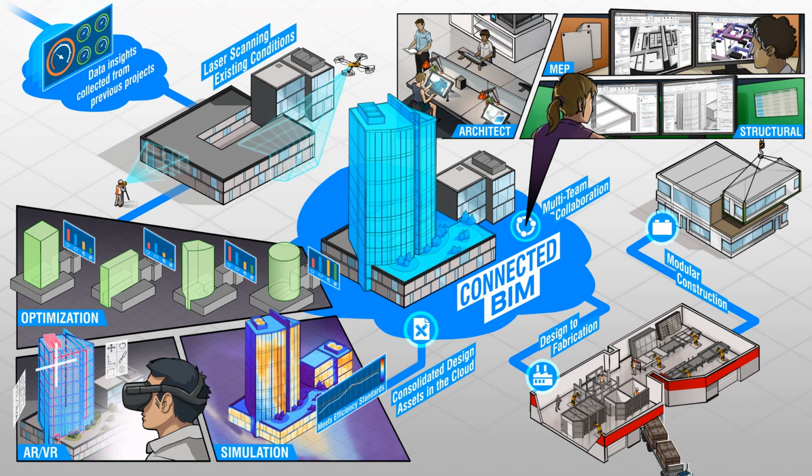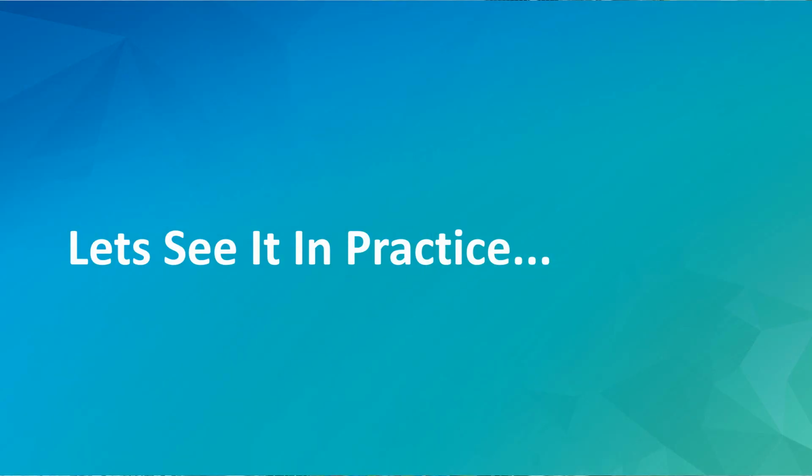I mean, there's a whole range of different things apart from just bringing multiple teams together in one environment. So, for example, if you had one team working in Perth, another team working in Brisbane, maybe one in Sydney, using the cloud space or BIM 360 Design to connect these together is one option. So let's see this in practice and then have a look at some of those components.